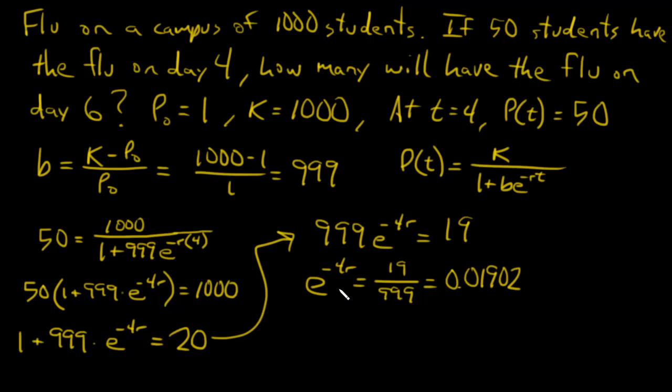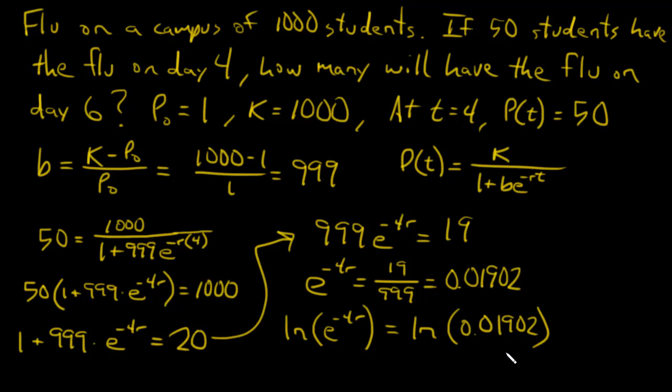So I can now take the natural log of both sides, and I'll wind up with the natural log of E to the negative 4R is equal to the natural log of 0.01902. I had to go to the next page for this, so let's start right there. Here we go.